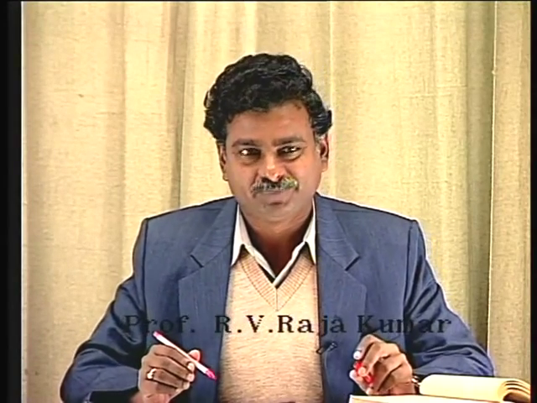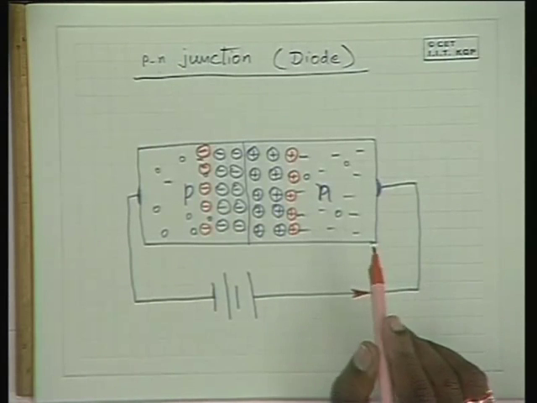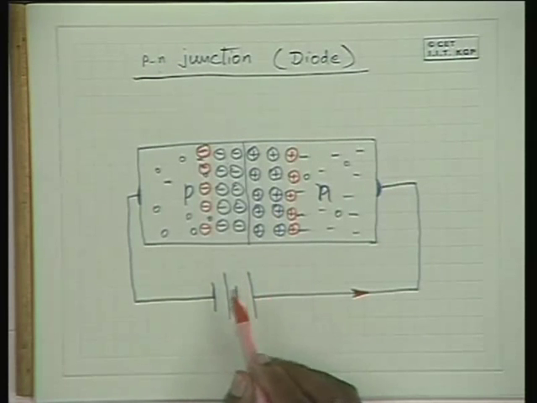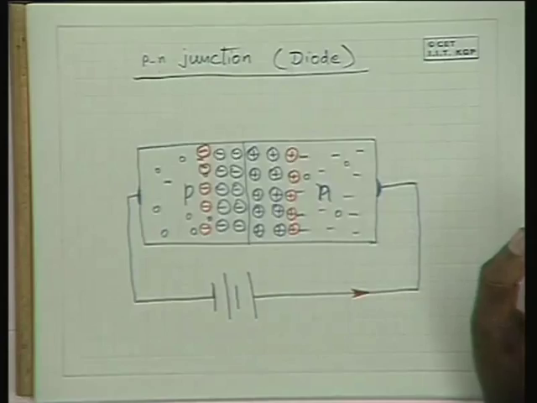And what would be the amount of current? Because it involves the movement of minority carriers and the number of them available is very small, the current is very small. So when you apply this kind of potential, known as a reverse potential, there is a small amount of conduction, primarily due to the minority carriers.